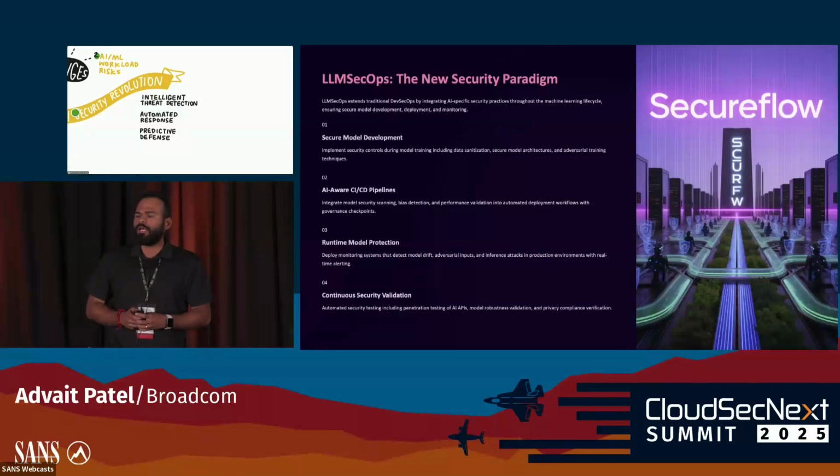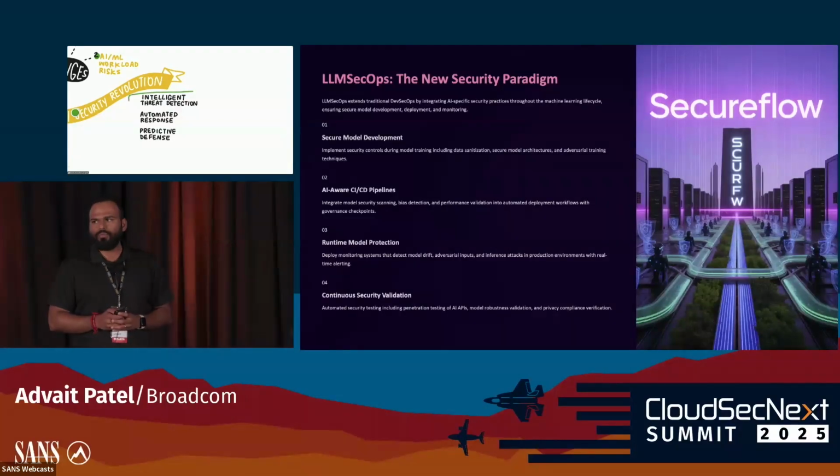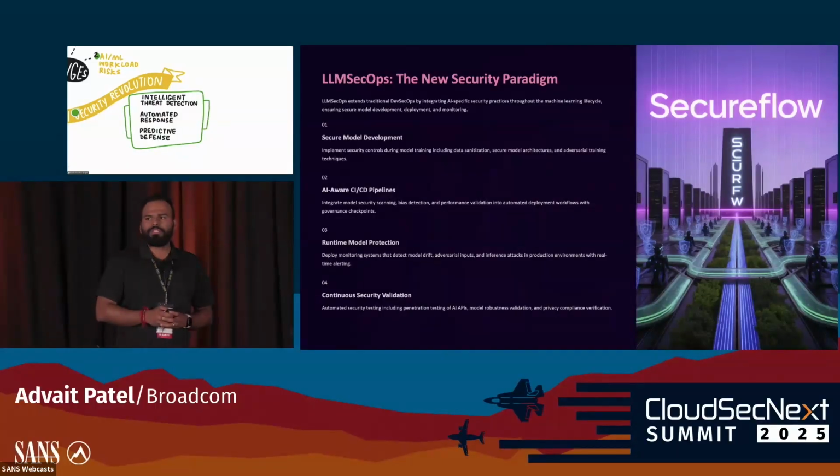Let's talk about something along with using AI to secure our cloud, right? There is a term which is becoming famous in the SRE or DevSecOps space, which is LLMSecOps, where AI meets the DevSecOps pipeline.